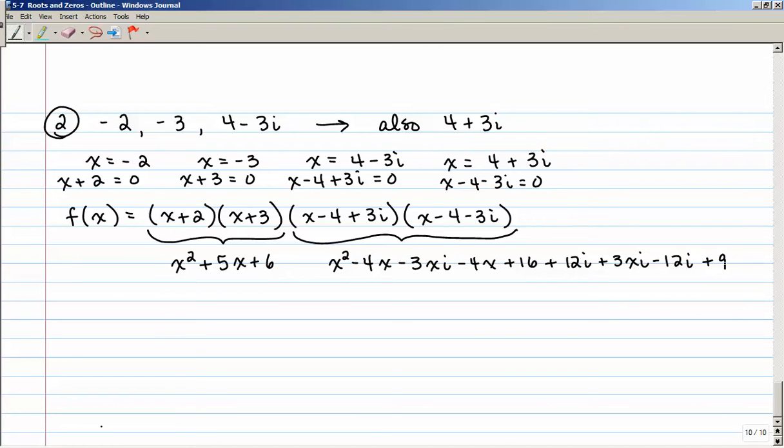Now, I have a feeling I've got some stuff in here I can cancel out. In fact, I have a negative 3xi and a positive 3xi, and a positive 12i and a negative 12i, and did that make all of my i's cancel out? I believe it did. So now I'm going to have x squared minus 8x, and 16 and 9 plus 25.